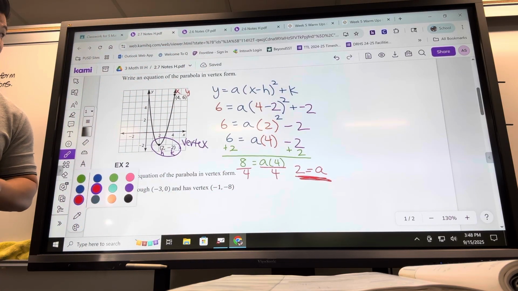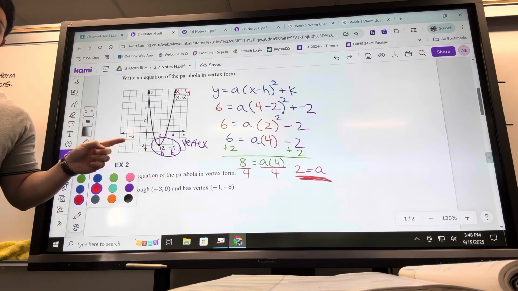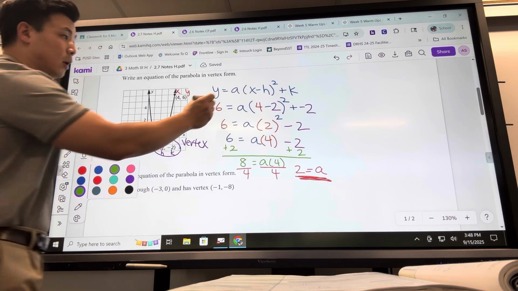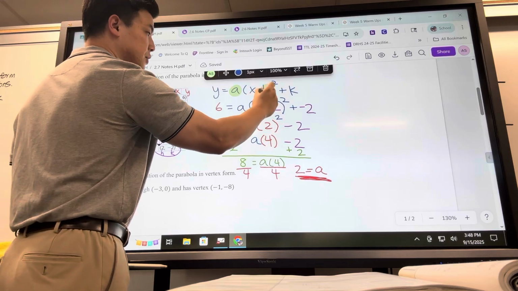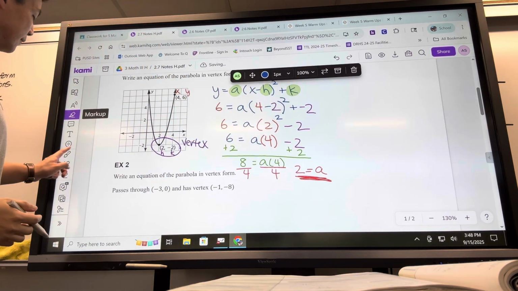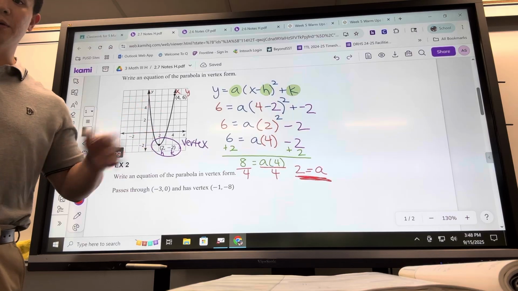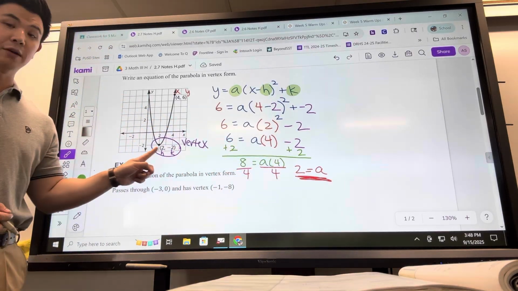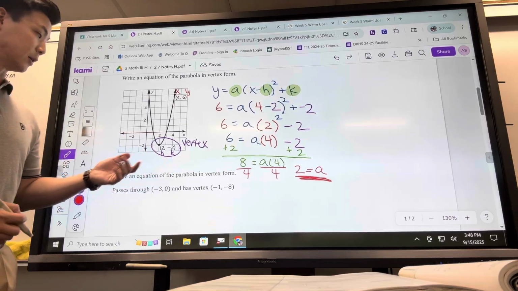So from here, we need to write our actual equation. When I'm writing my equation, I want to plug in these specific values. I want a, h, and k. My x and y are going to remain as variables, and I just want to plug in those 3 values. We solved for a, we have our h and k right here. So we can write our entire equation.